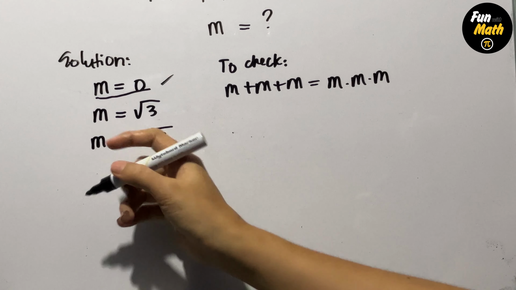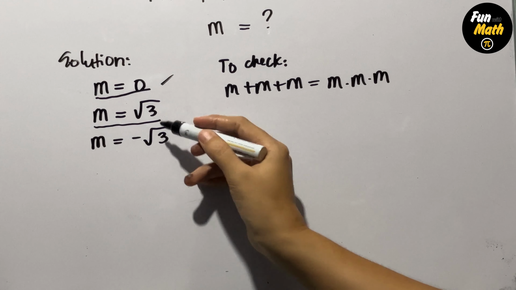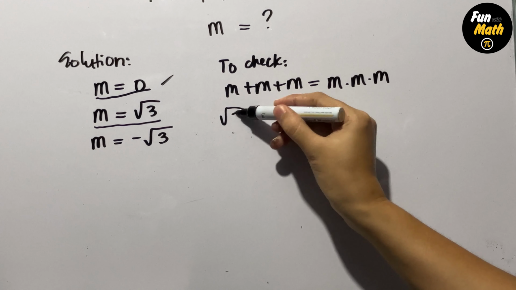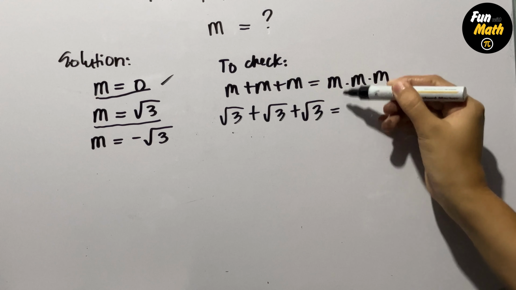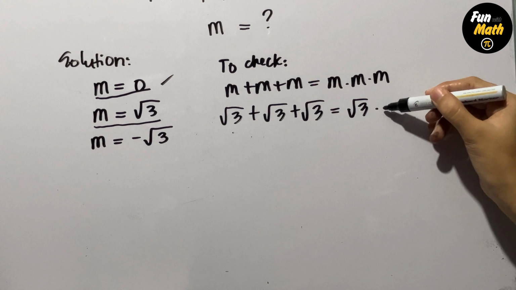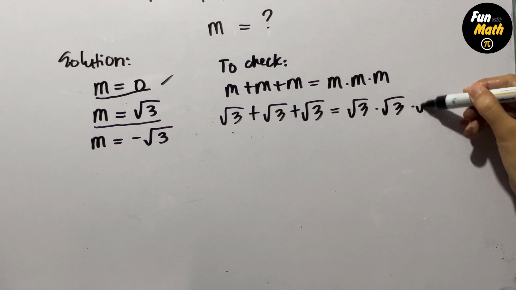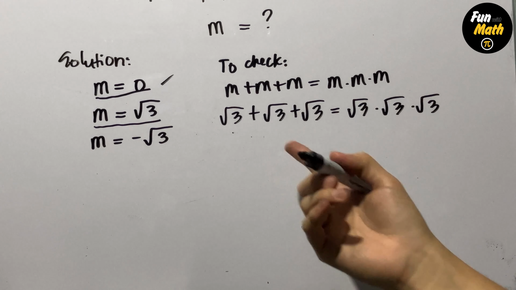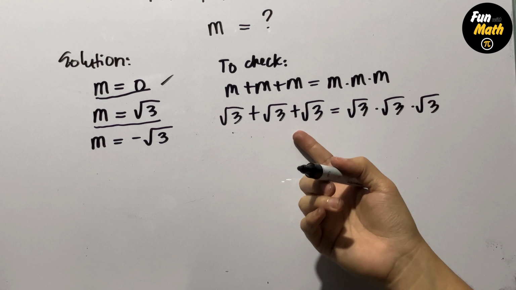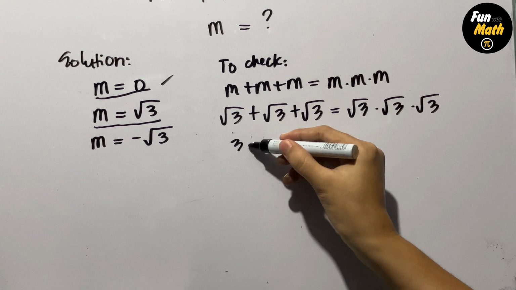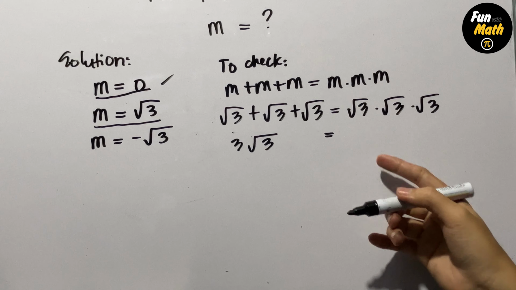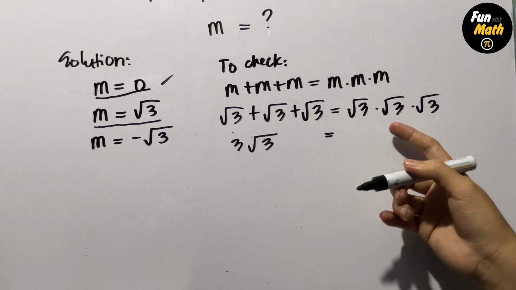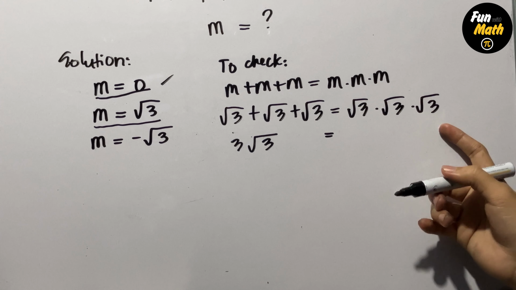Another, m is equal to square root of 3. So this is square root of 3 plus square root of 3 plus square root of 3 equals square root of 3 times square root of 3 times square root of 3. So if we add this 3, this is now 3 square root of 3 equals square root of 3 times square root of 3 times square root of 3.